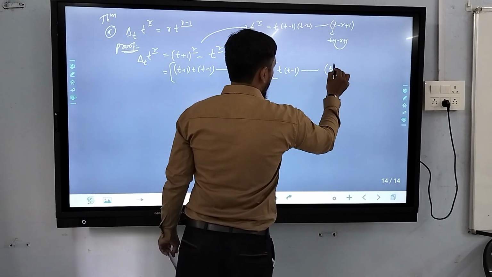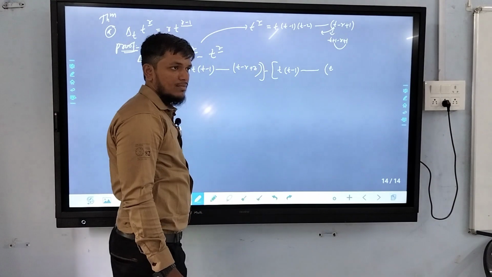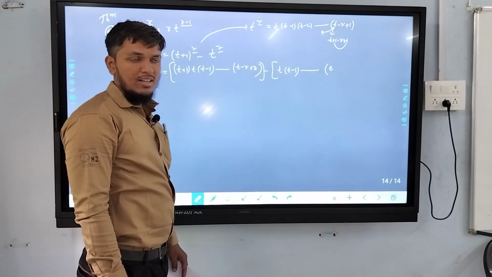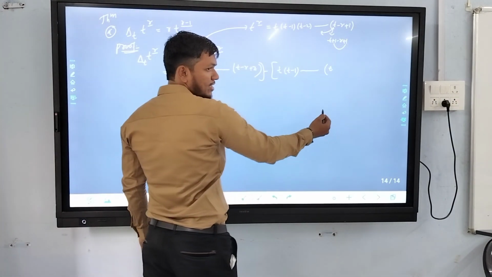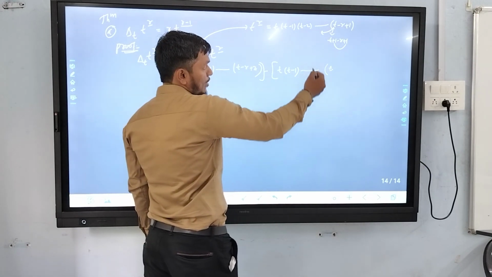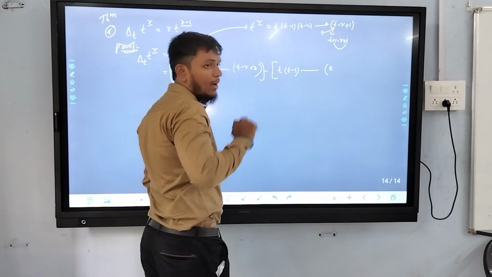Can you see what the term before the last term is? To find the term present here, you have to replace r by r minus 1.